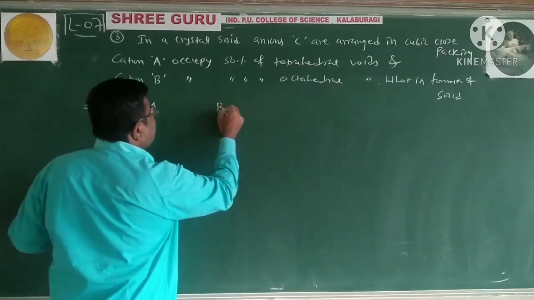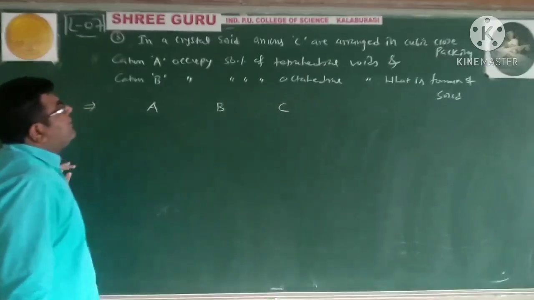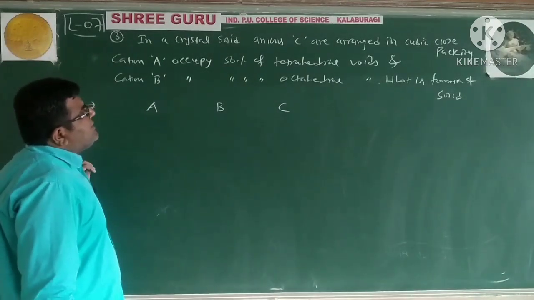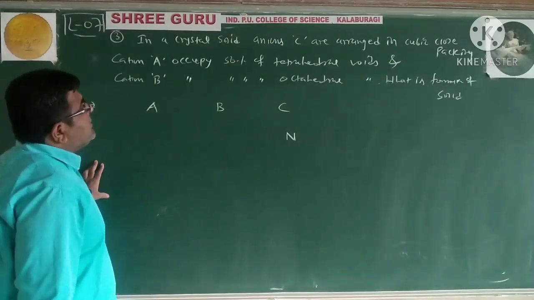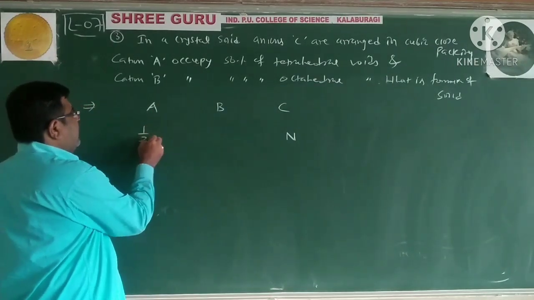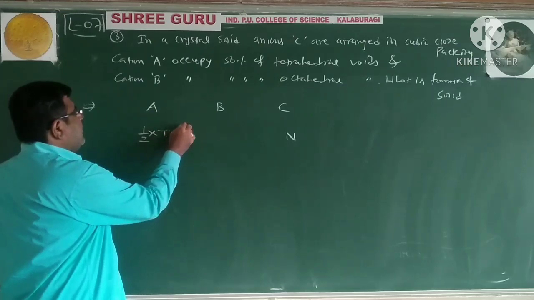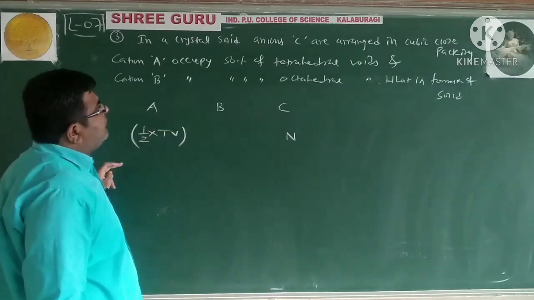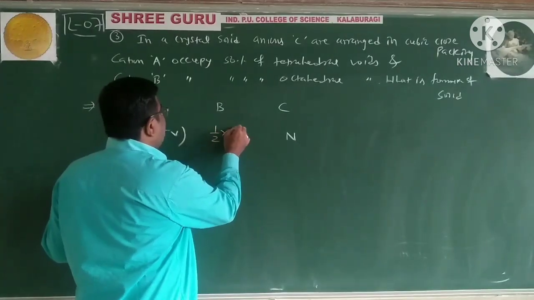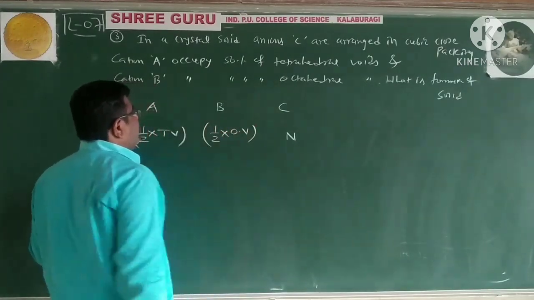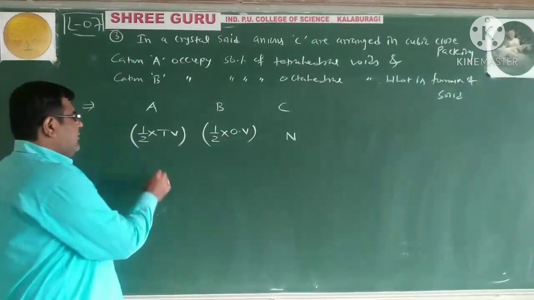C is present in cubic closed packing, so it is N. 50% means half of tetrahedral voids, and 50% means half of octahedral voids.